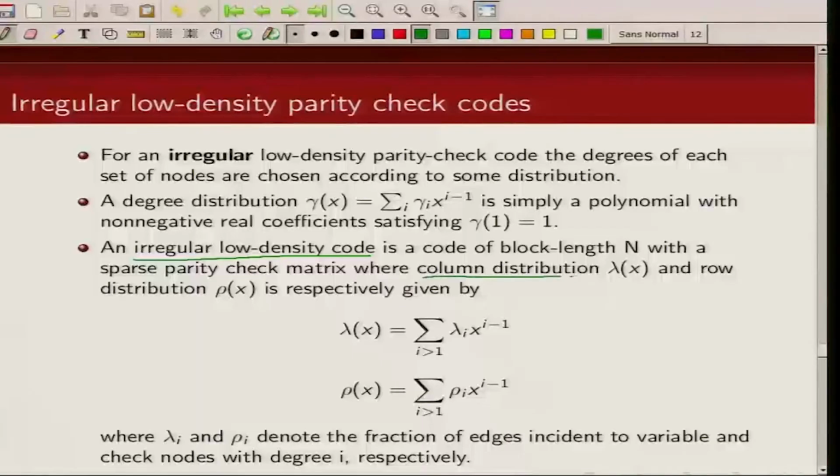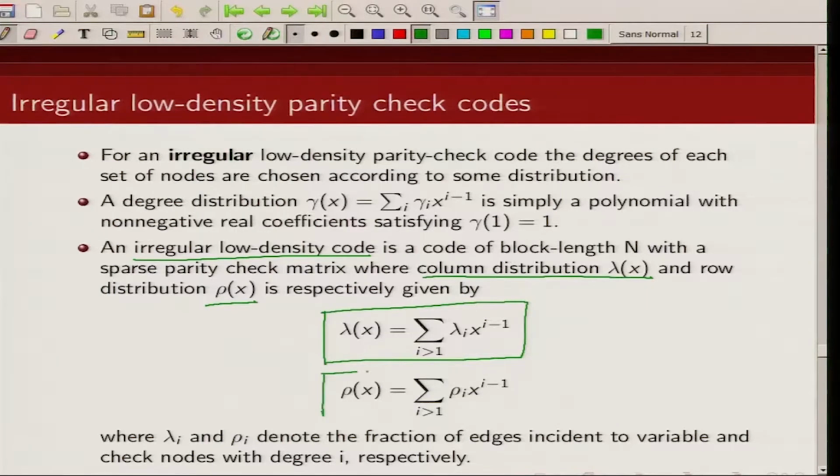The column degree distribution we denote by lambda x, and the row degree distribution we denote by rho x, where lambda I is the fraction of edges incident on the variable node which has degree I, and rho I is the fraction of edges incident to the check node with degree I.